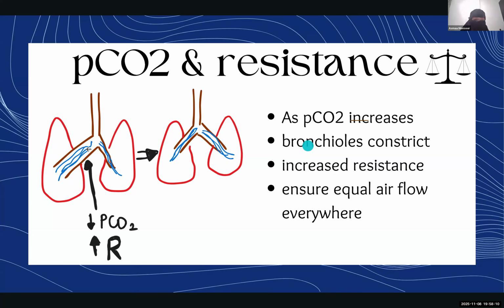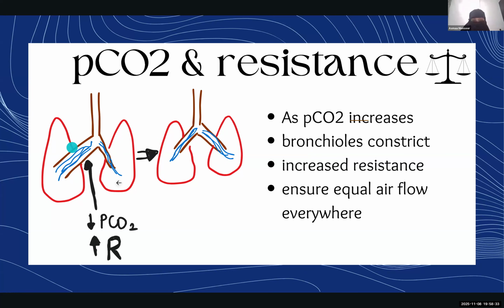So what happens is in this part, the partial pressure of carbon dioxide is low. Why? Because you have more air coming in and going outside, which means there is less carbon dioxide. When there's less carbon dioxide, the body will get triggered, saying that there's more air coming to this part and less air going to the other part. So what should we do?